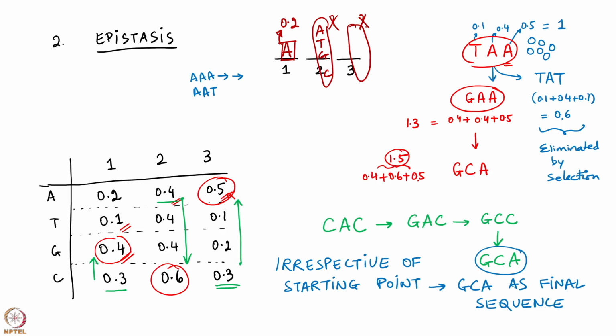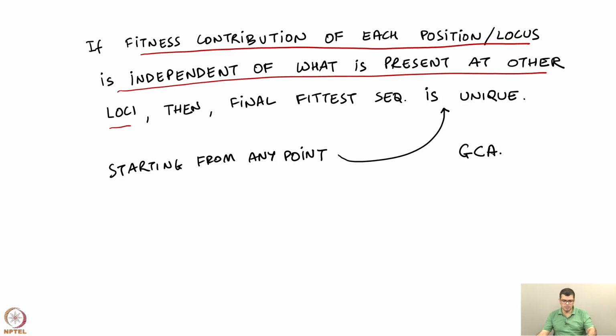If this condition is met, then we are led to the conclusion that the final sequence is unique, and starting from any point we will end up at this unique final sequence with the highest fitness level, which in the example that we just saw was GCA.